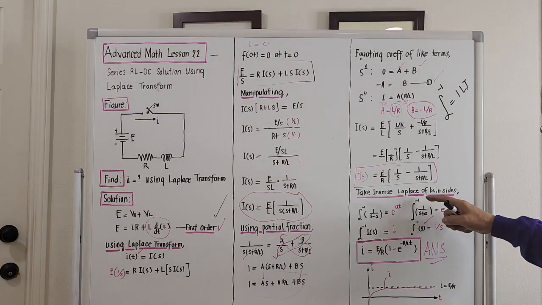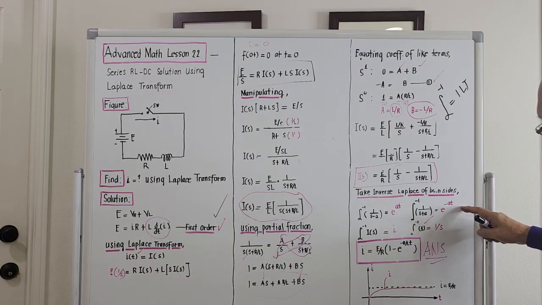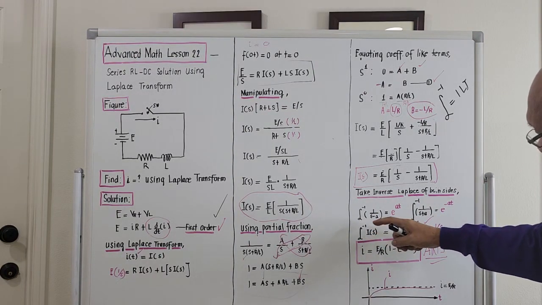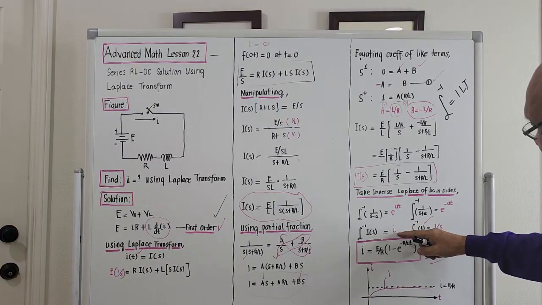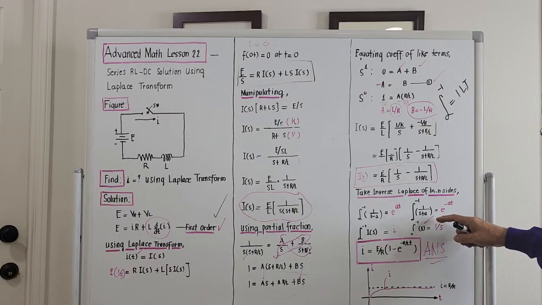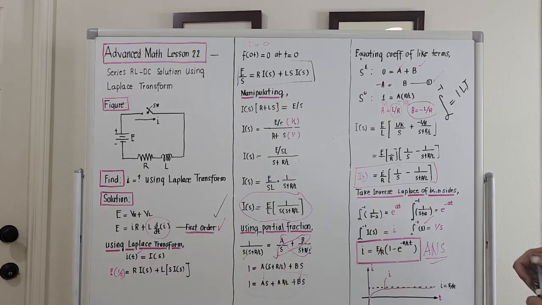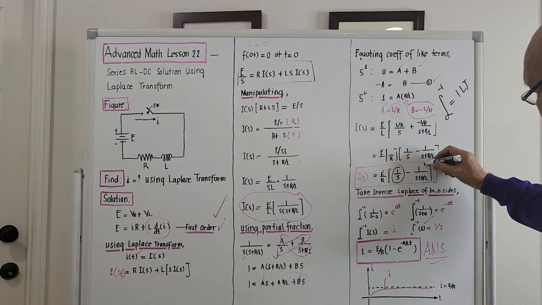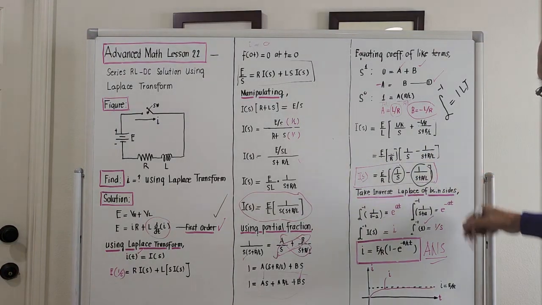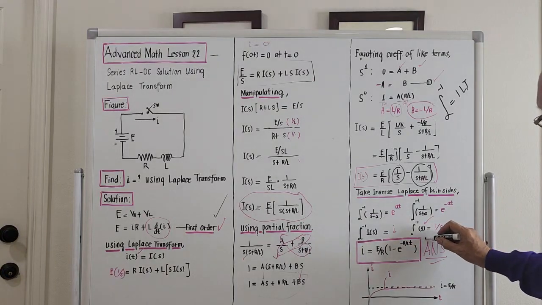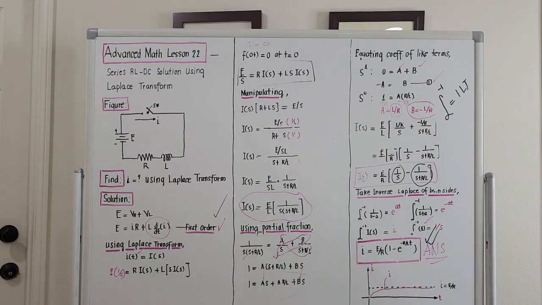And the inverse Laplace transform of 1 over s plus a is actually e raised to negative at. And the inverse Laplace transform of capital letter I as a function of s is simply I, the one we are solving, and the inverse Laplace transform of 1 is actually 1 over s. So after the replacement of 1 over s by 1, and the replacement of 1 over s plus R over L by e raised to negative R over L times time, this will now be our final answer.